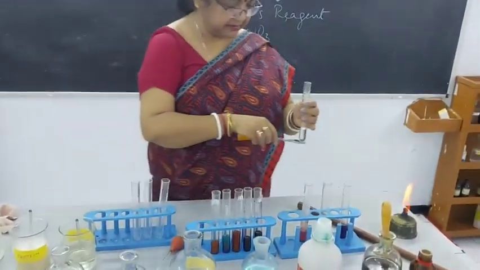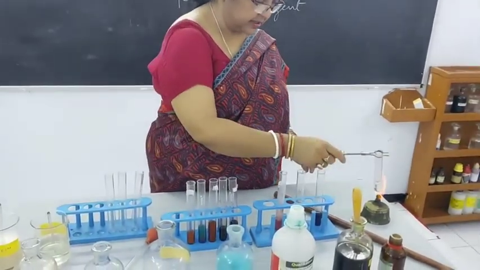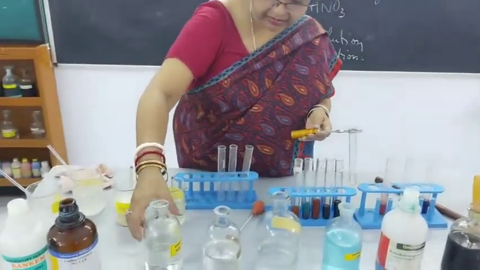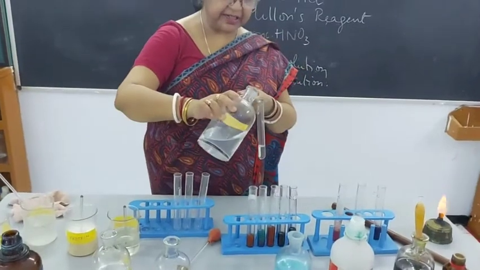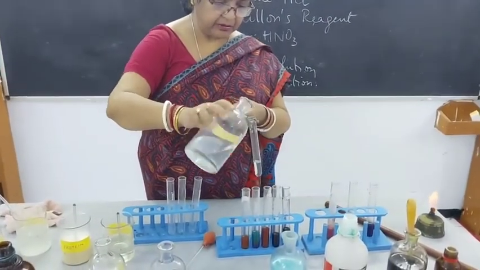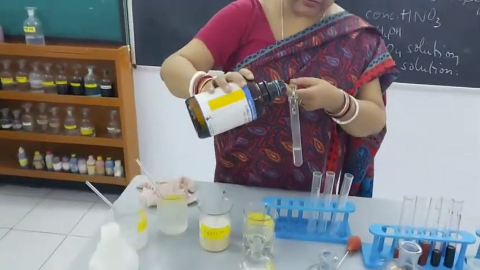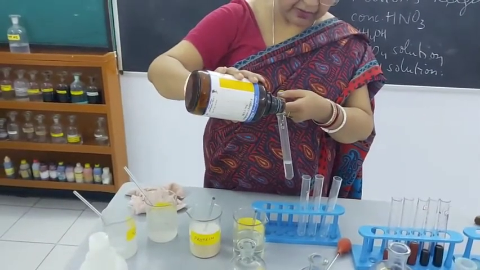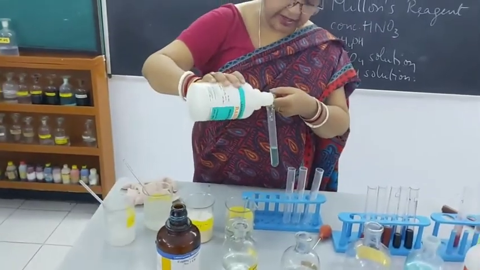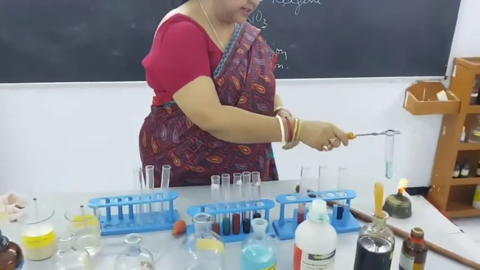This is the holder. We have to hold it like this and then we will heat it. After heating it, we will again add NaOH to neutralize it. And finally again we will use Fehling's 1 or Fehling's A solution and we will add Fehling's B solution, and after this again we will heat it.